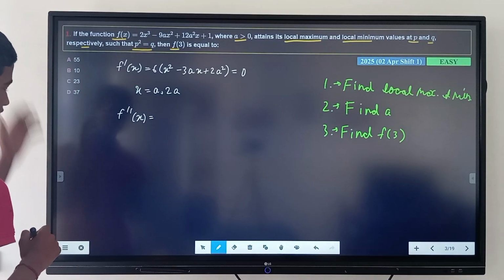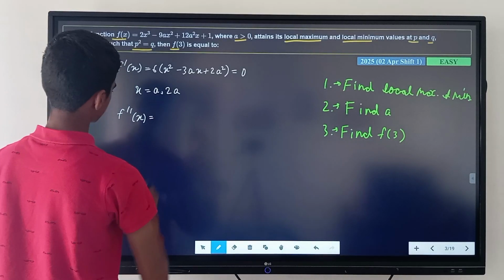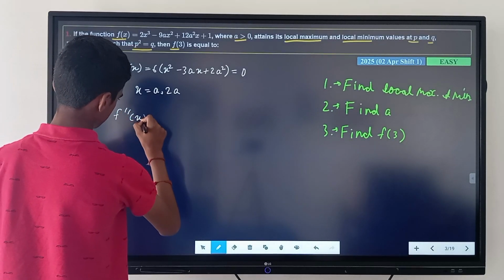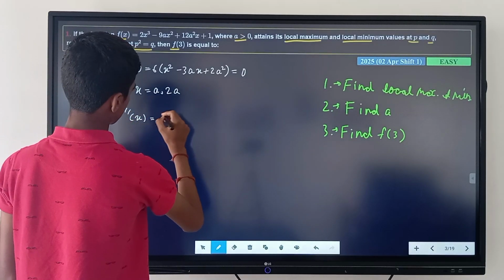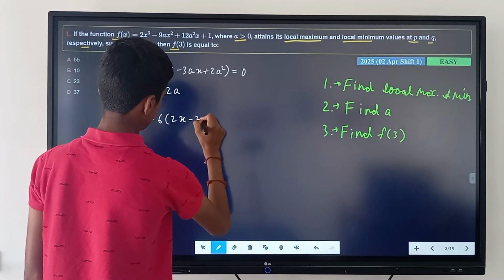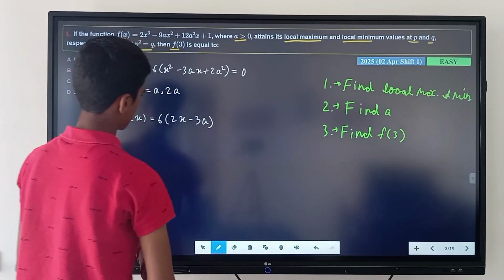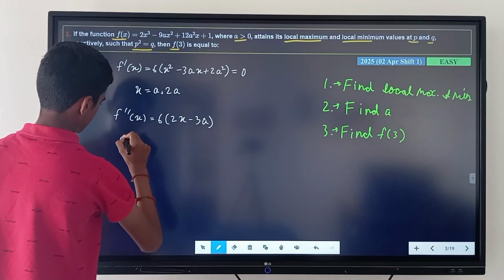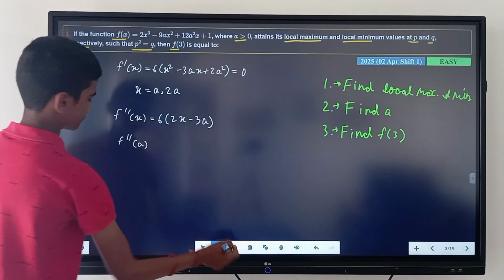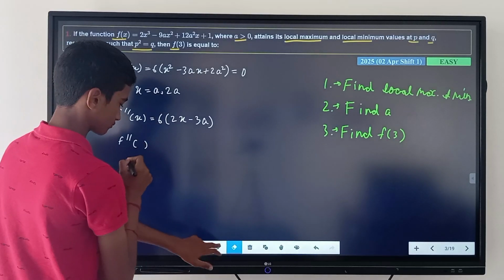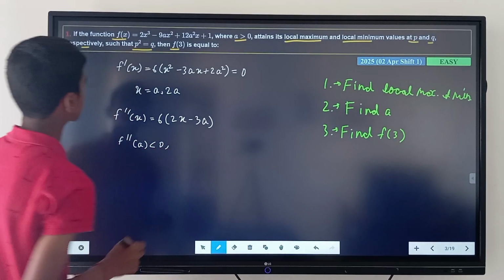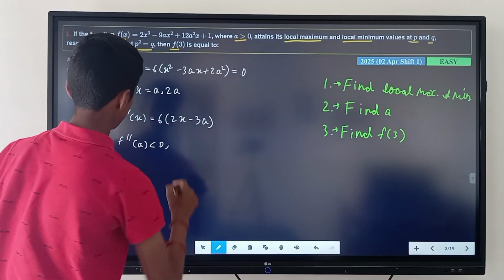F dash dash x is equal to six times 2x minus 3a. Now, f dash dash a is less than 0 because our a is greater than 0.